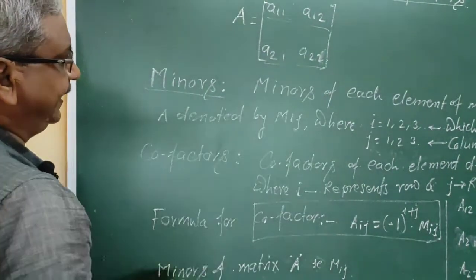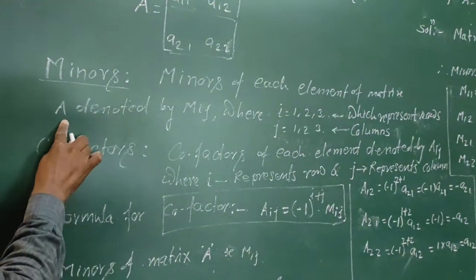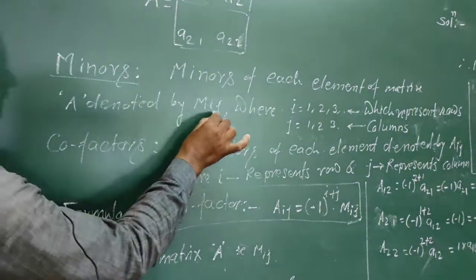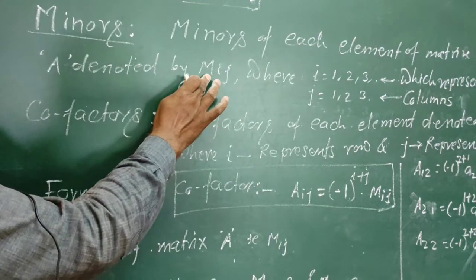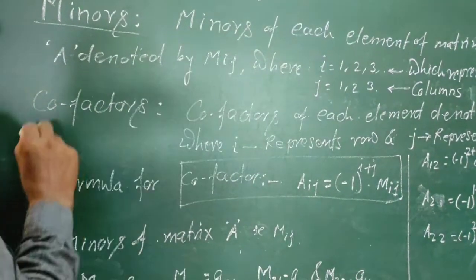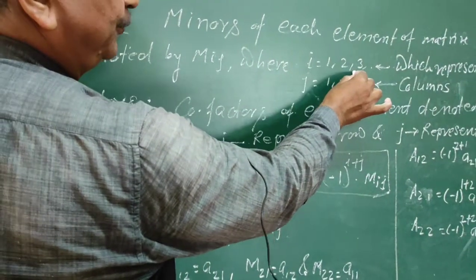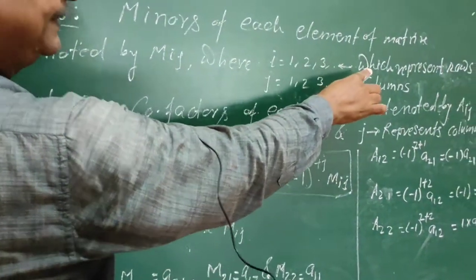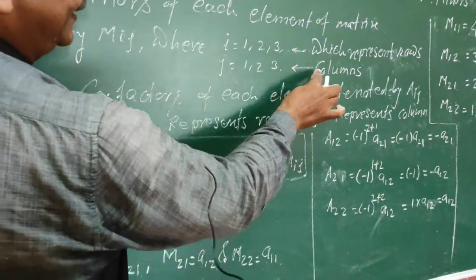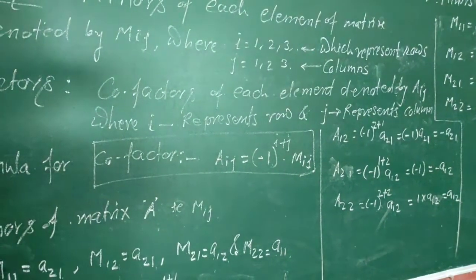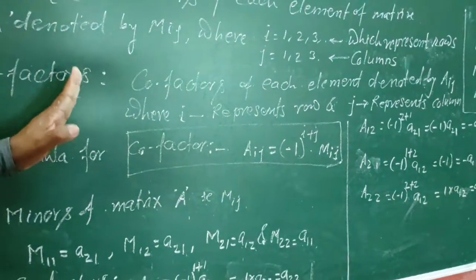The minor of each element of the matrix A is denoted by Mij. What is this symbol Mij? Mij is used for minors, where I is equal to 1, 2, 3 and represents the rows, and J is equal to 1, 2, 3 and represents the columns. These are the basic ideas that we have seen in the 11th standard.